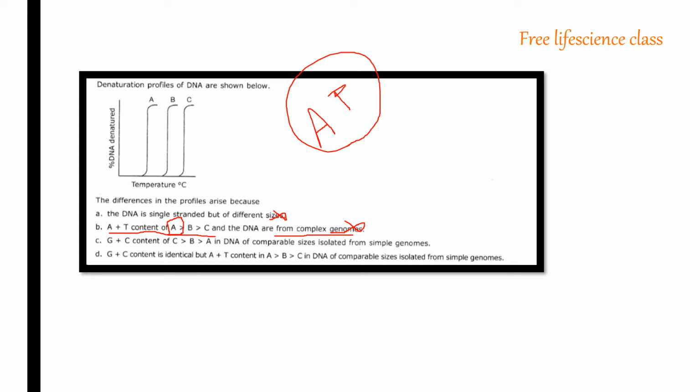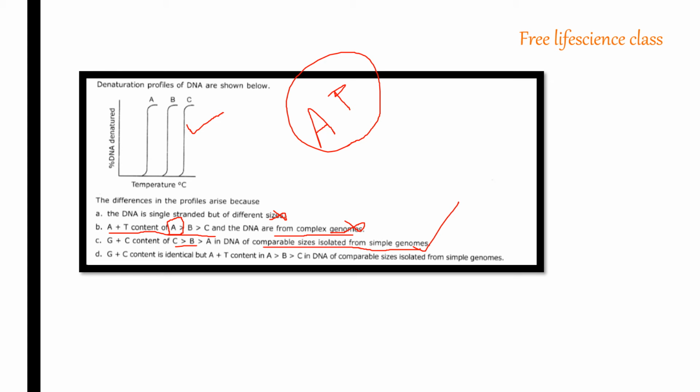And GC content of C is greater. If GC content is greater, definitely the melting temperature will be greater. The time taken will be greater. We need higher temperature for melting. So it is right, C greater than B greater than A. And DNA of comparable sizes are isolated from simple genome. So this is true.